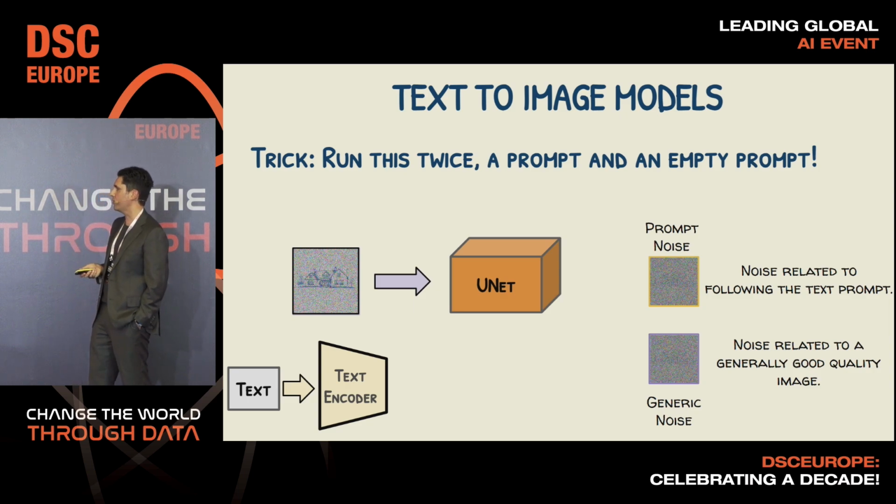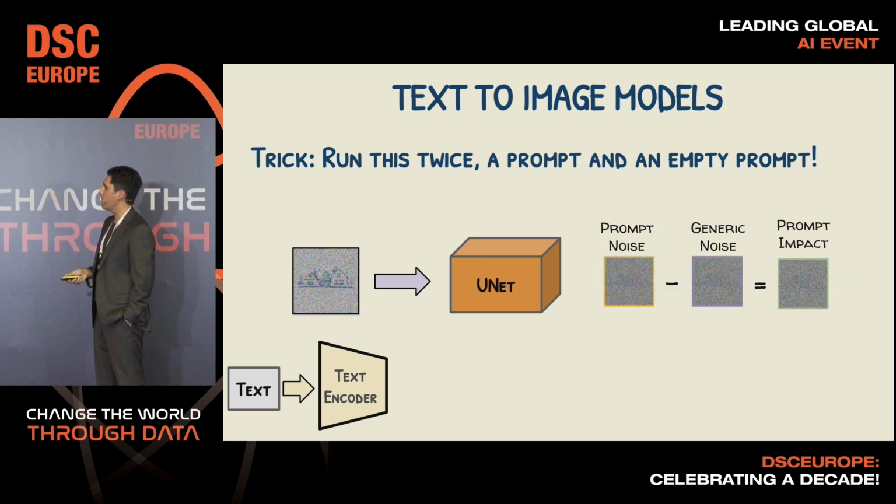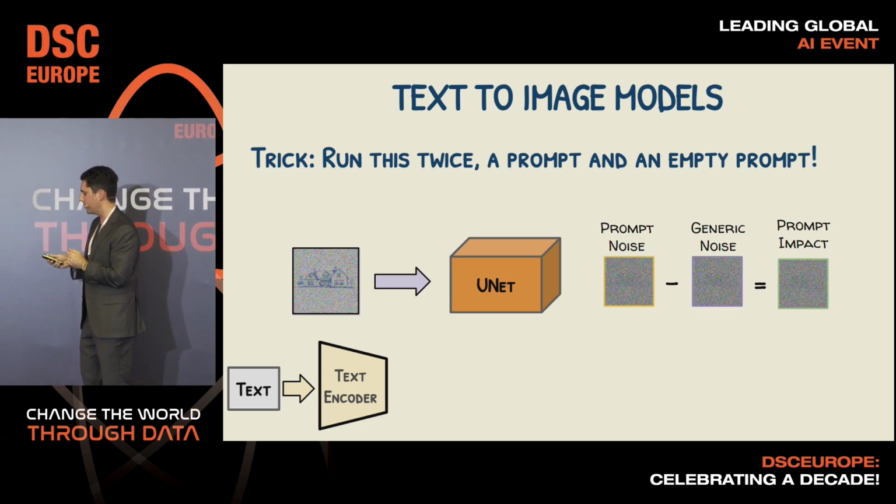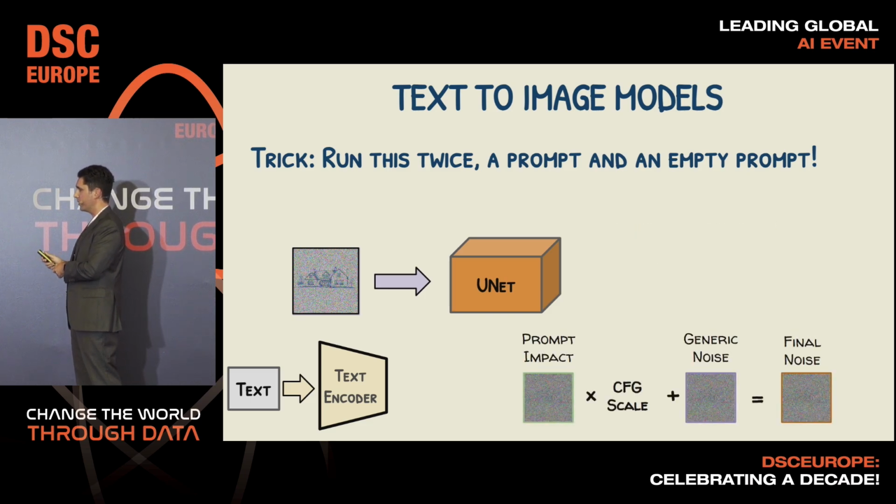So now that you've run this twice, and you have two sets of noises that could potentially be removed, what you can do is take your prompt-specific noise, subtract that generic noise, and you almost have this prompt impact noise. So this is noise that should be removed specific to your prompt. Now, it's up to you how much you want to use this noise.